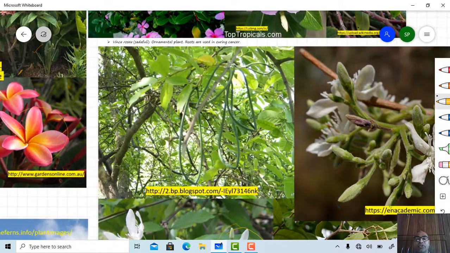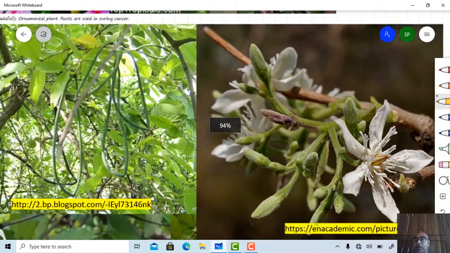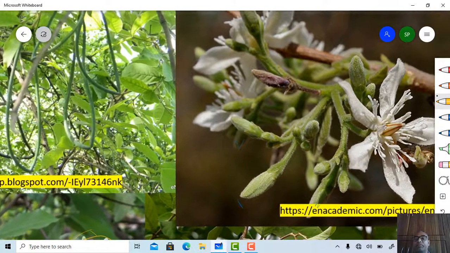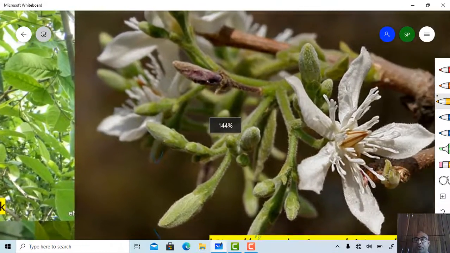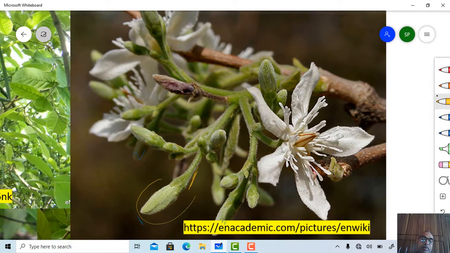Just see one more habit of this particular plant, and this one is a typical inflorescence showing the arrangement of flowers. You may observe the hairs which are present on the stem as well as the peduncle. Not only the peduncle, but they are also present on the bud.